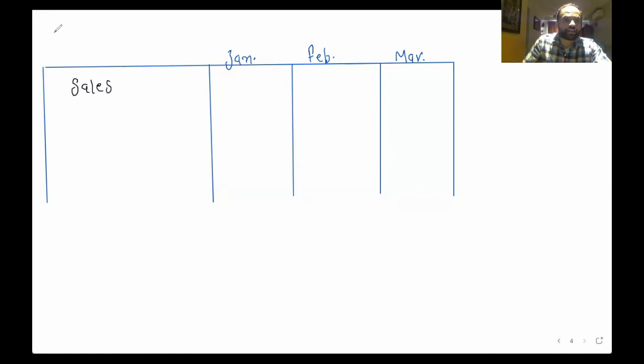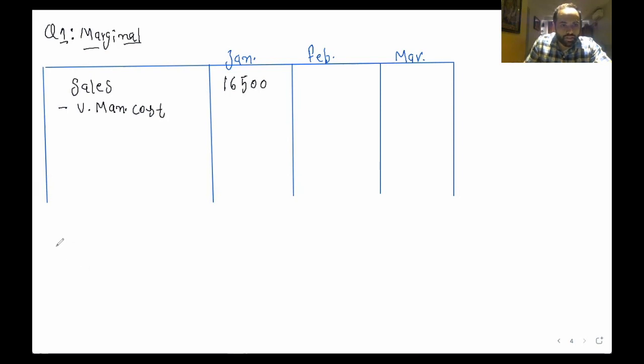All right. So let's start with the sales. This is your question 1, marginal costing. So how much is sales for January? January sales are 16,500, right? Now we have to minus variable manufacturing cost.